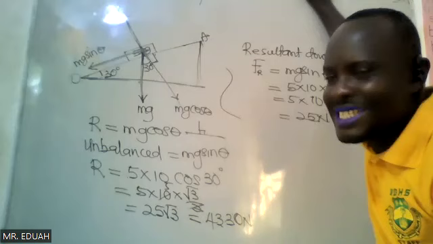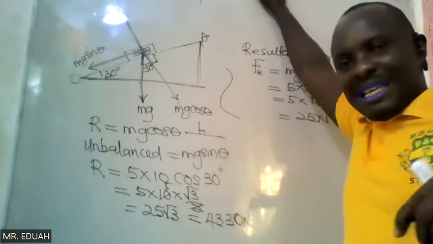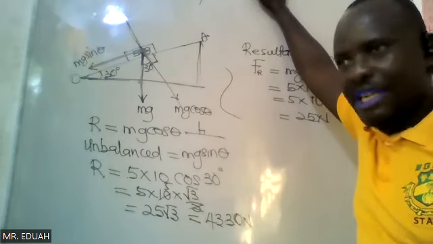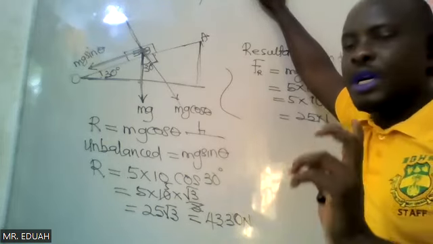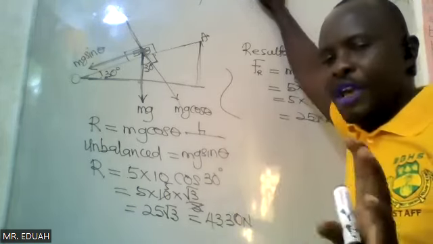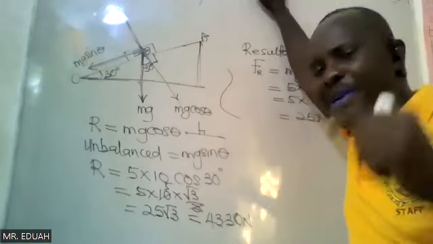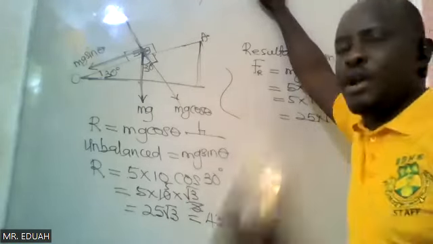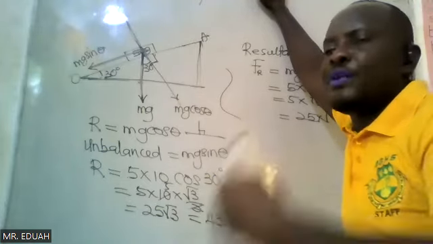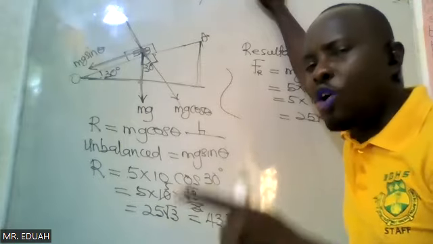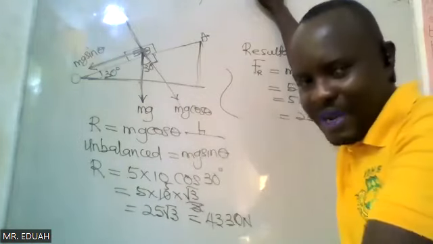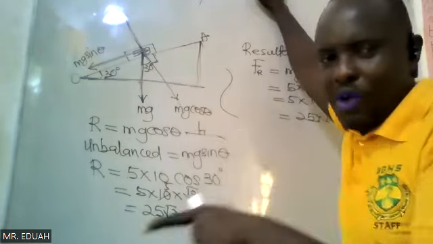Exactly. I just said that whenever there is a resultant force, there will be acceleration. If the resultant force is 0, either the body would move with a constant velocity or it will be stationary. But when the resultant force is not 0, bodies accelerate, always in the direction of the resultant force.